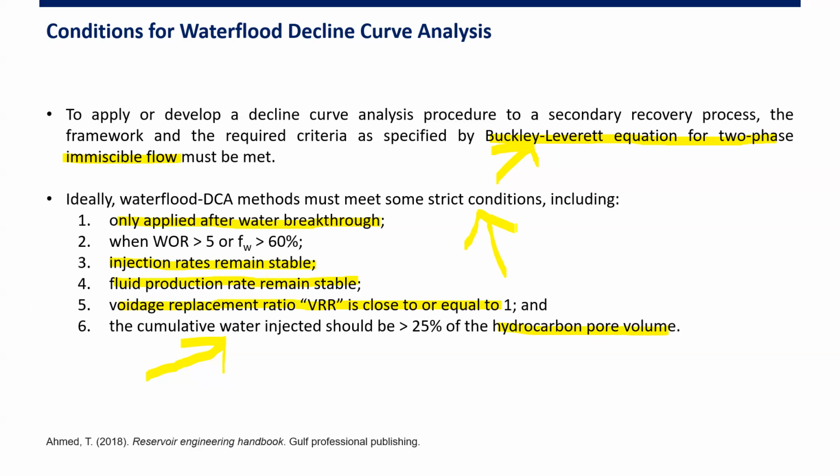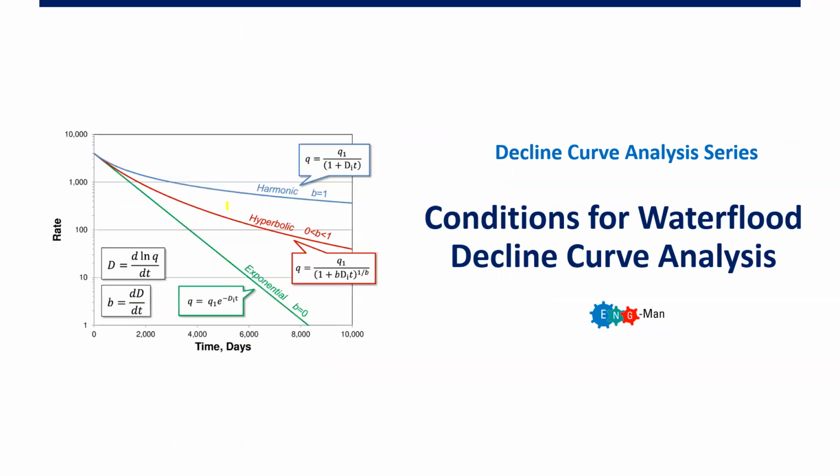It's not very difficult, but basically you can find the period where the water breakthrough has been achieved, high water cut, and injection rate, production rate remain stable, VRR equals 1. Yeah, it's quite strict, but that's relatively easy to find during the production history. Okay, and I think that's basically it.